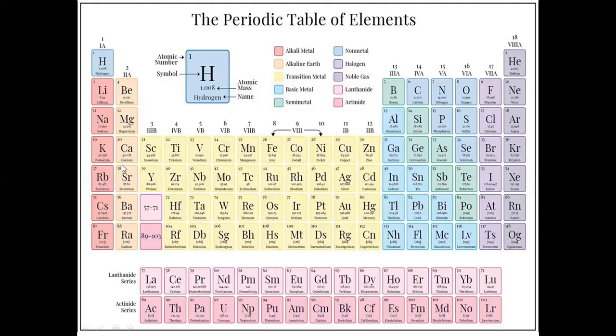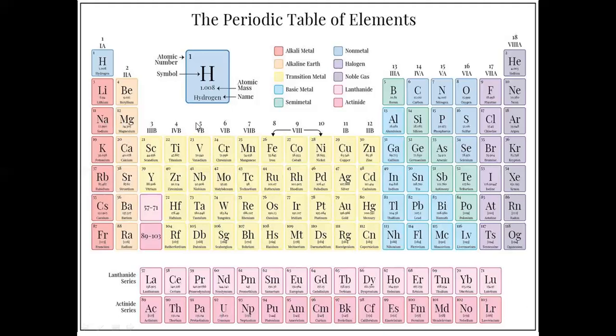If you go down the group, all of them have 2 electrons in the outermost shell. This is what we call the group. That is the reason in the periodic table, properties repeat continuously. That's what I'm explaining with an example here.